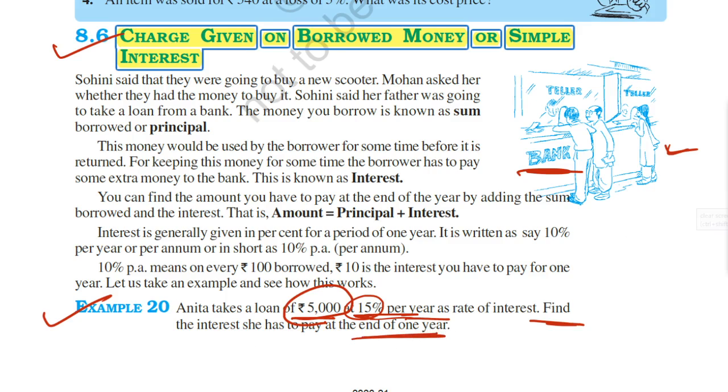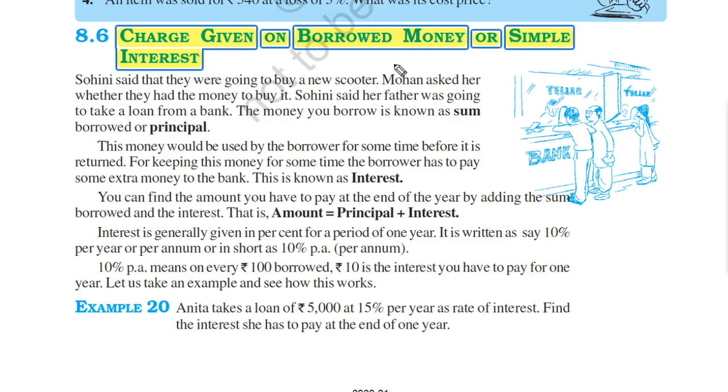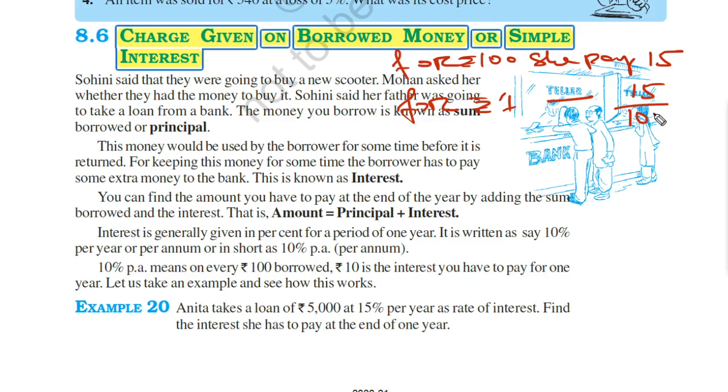Let's find it. For rupees 100, interest is 15. 15% means on 100 rupees, she has to pay 15 rupees. For 100 rupees she pays 15. For rupees 1, she pays 15 upon 100.